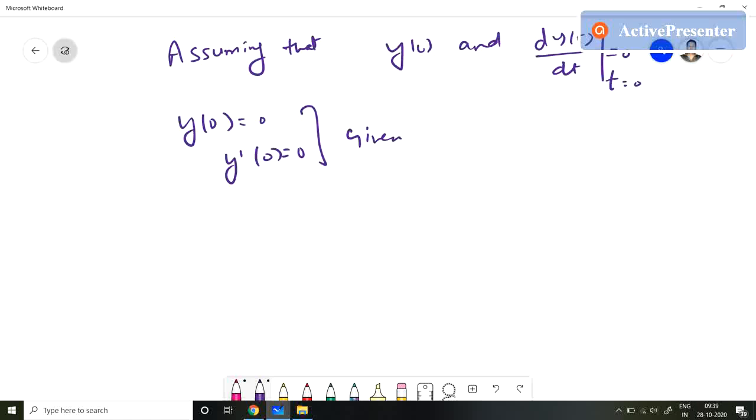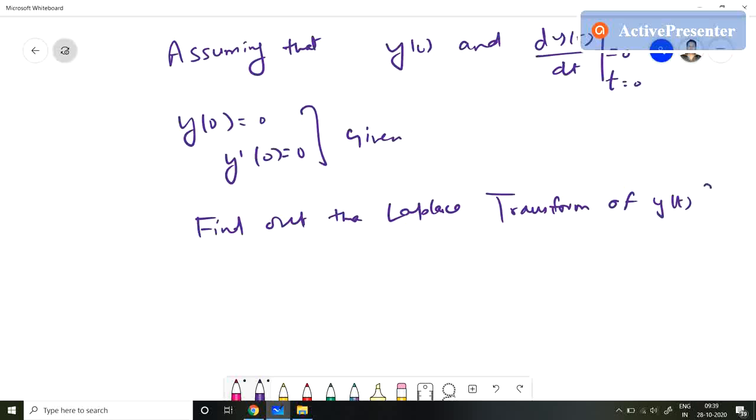Now we need to find the Laplace transform of y(t). Okay, so let us solve this problem. So the Laplace transform of y(t), let it be denoted as Y(s).